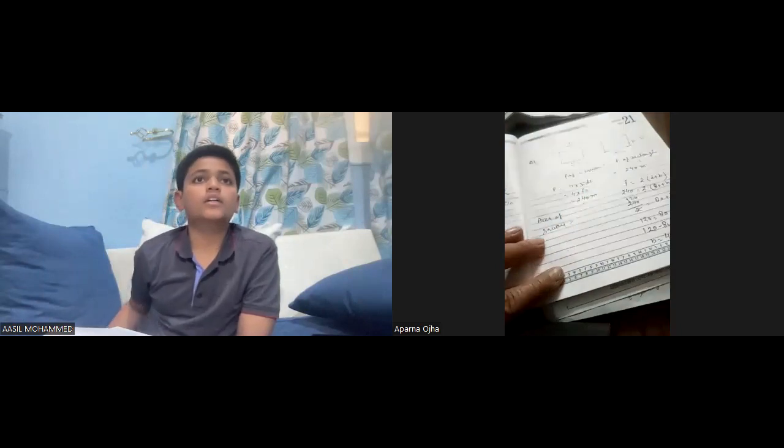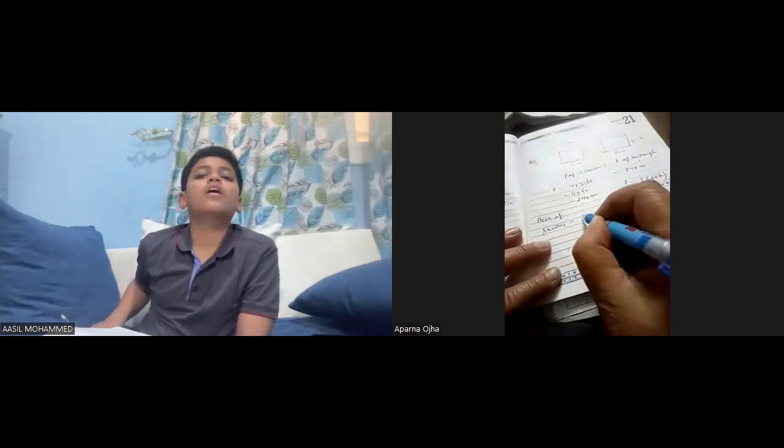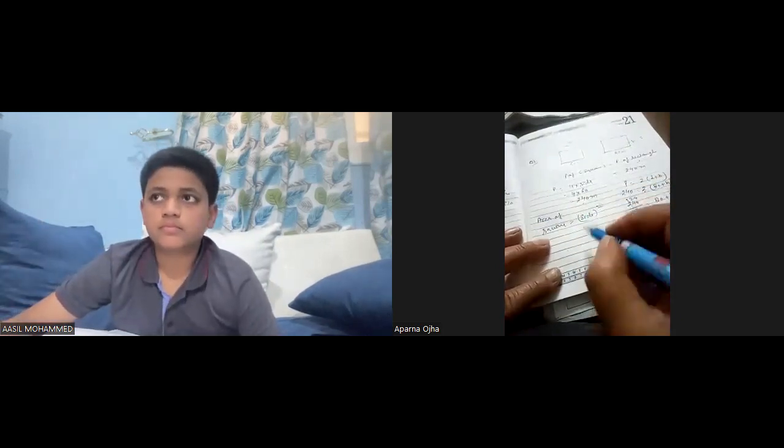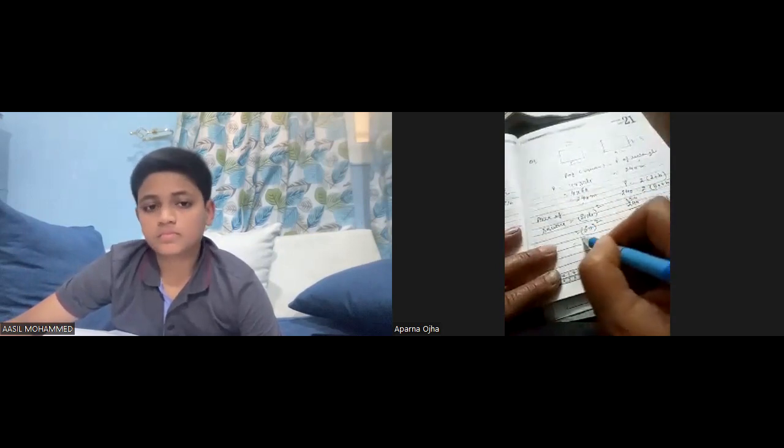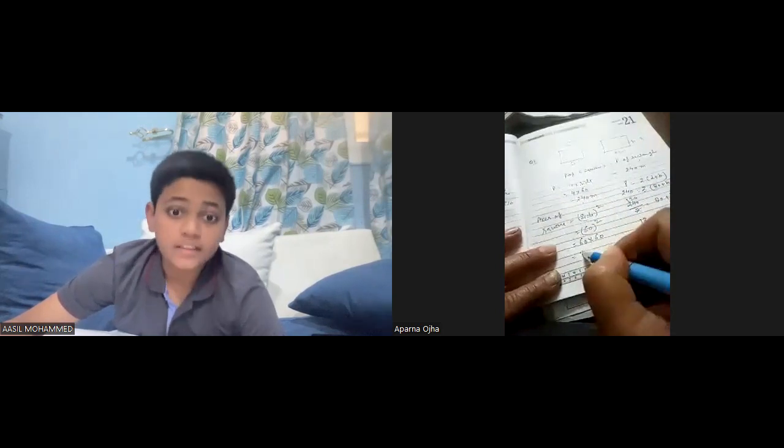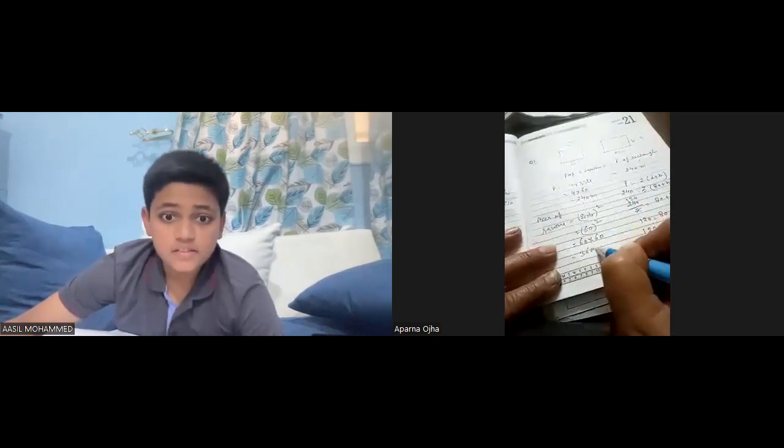What is the formula for the area of the square? Side into side, side squared. This is 60 squared, that means 60 into 60. The answer is 3600 square meters.